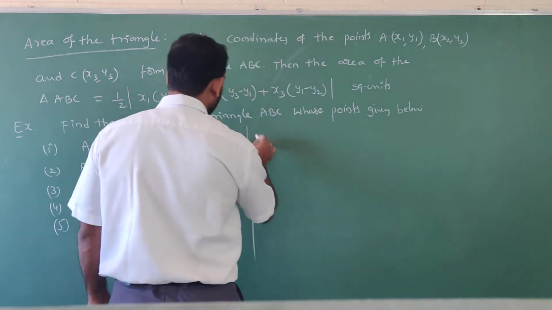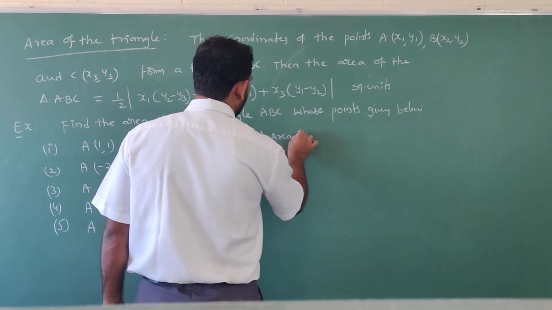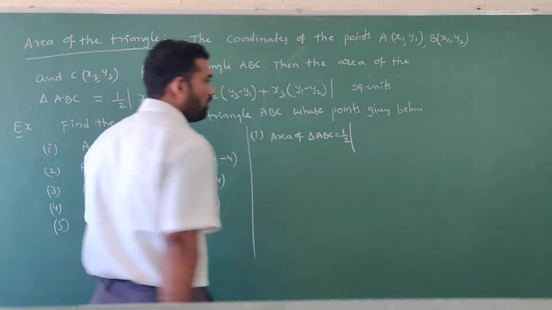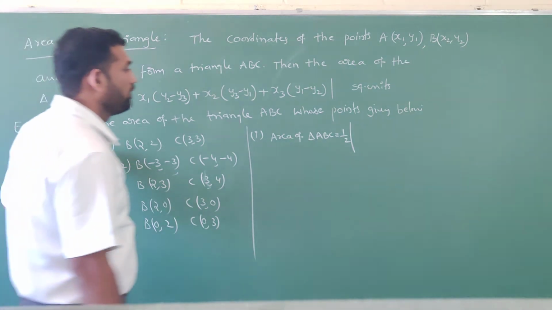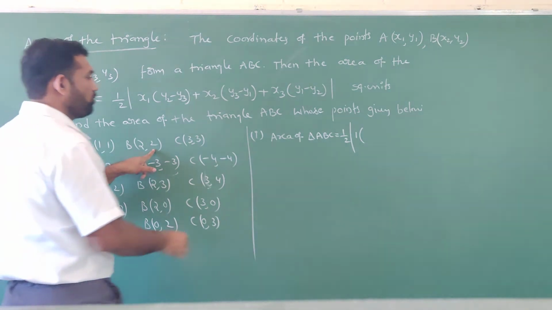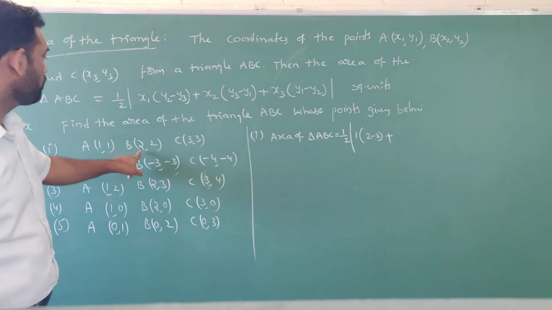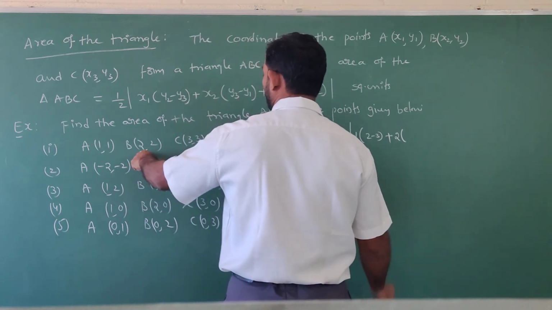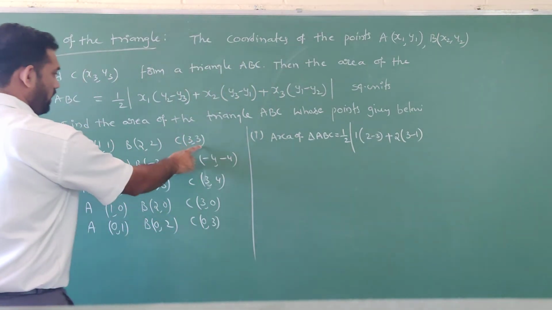First one, solution. Area of triangle ABC is equal to half into, you know that formula, x1 (x1 is 1) times (y2 minus y3, so 2 minus 3), plus x2 (which is 2) times (y3 minus y1, so 3 minus 1), plus x3 (which is 3) times (y1 minus y2, so 1 minus 2).